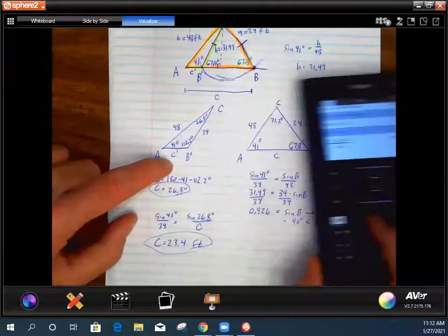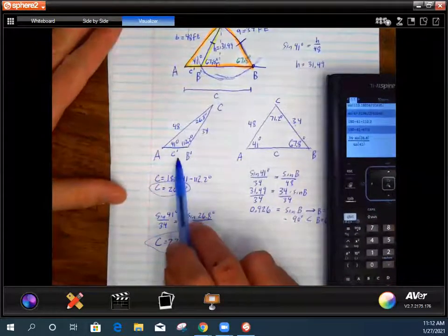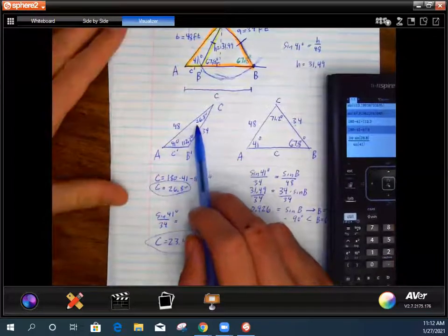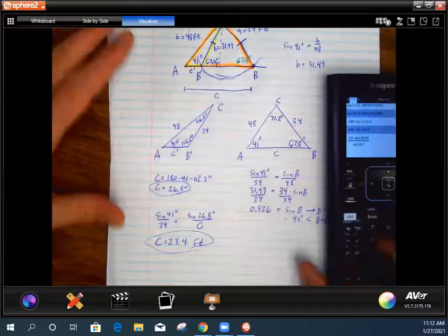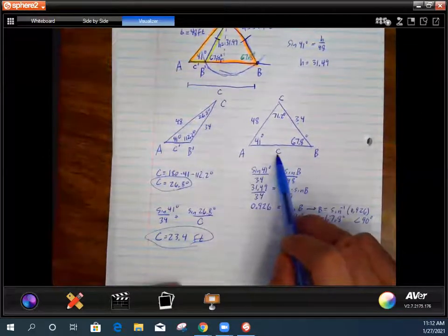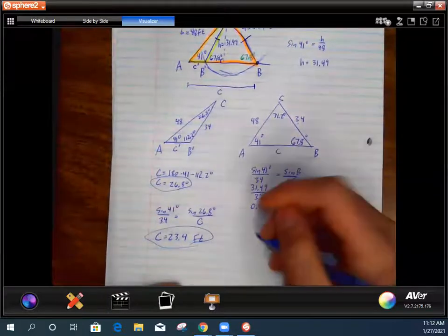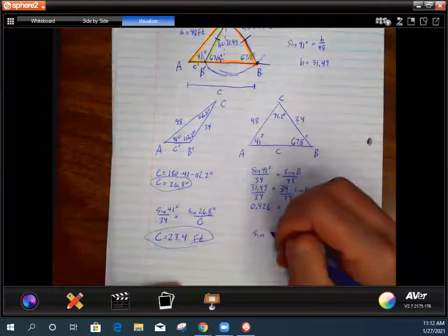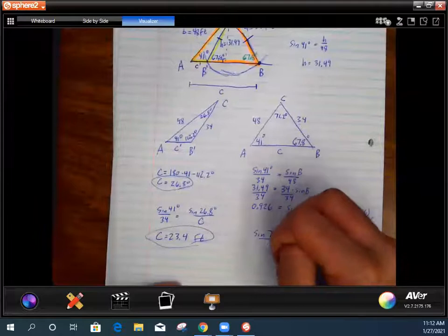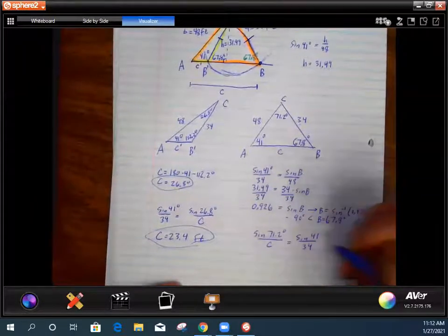And always do a common sense check. 23.4 is less than these two sides, and it makes sense because it's across from this angle, which is less than these two angles. Now, when we solve for this side C, it should be bigger than 48 because it's across from the biggest angle in this triangle. So to solve for that side C, it'd be the sine of 71.2 degrees over C is equal to the sine of 41 divided by 34.